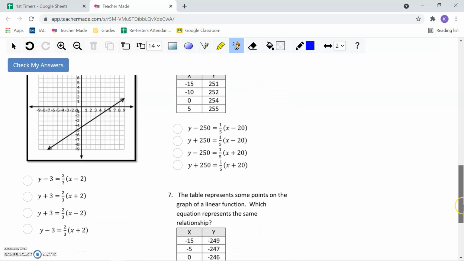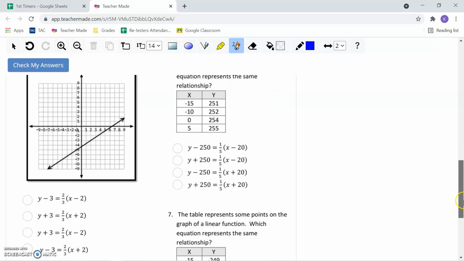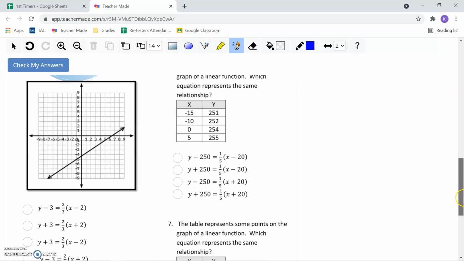Same thing for this one, so you try this one on your own without any assistance. And then on this one, again, we're moving the minus 250 over, which is going to be a positive 250. This is going to be a minus 250. It's the opposite. Sorry, my writing is awful because I'm writing with a mouse.